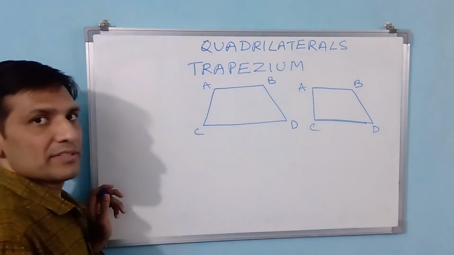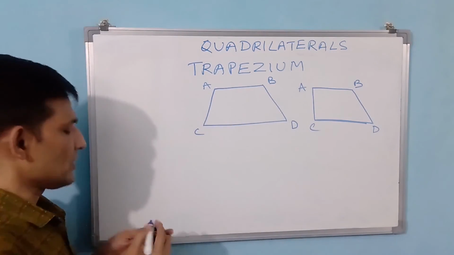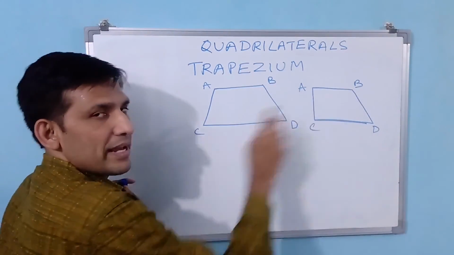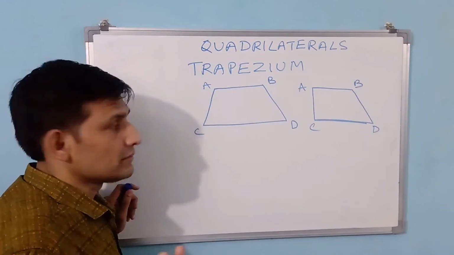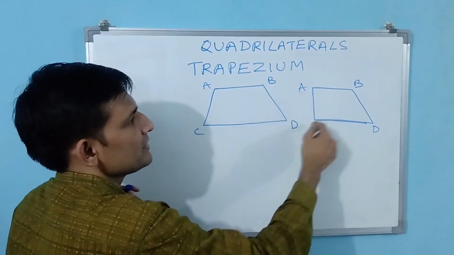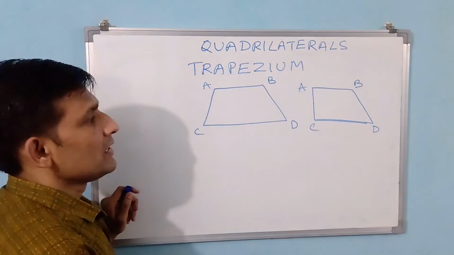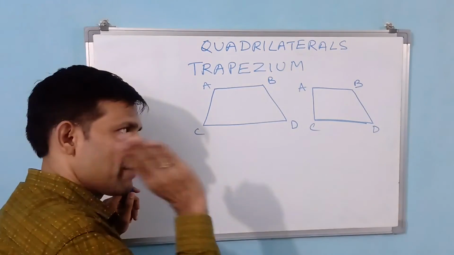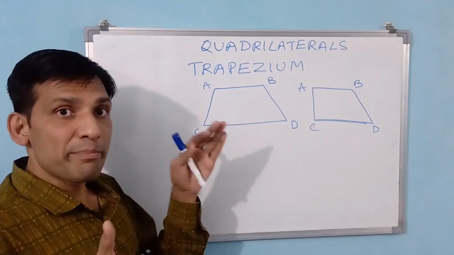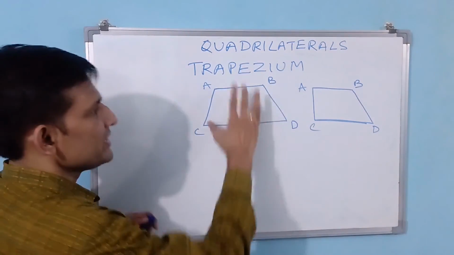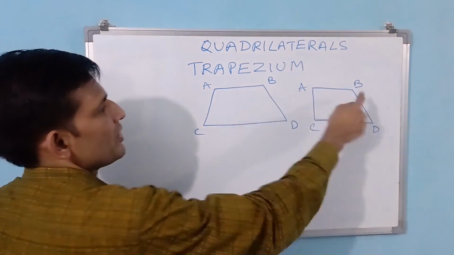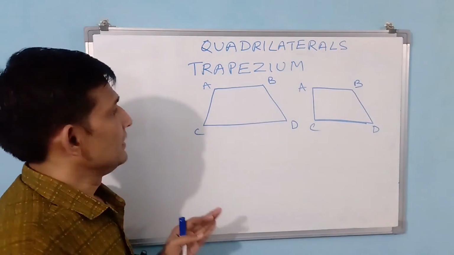This is also trapezium. Different types of trapeziums are there. The basic thing is at least two sides are parallel. Sides may not be equal: here AB is different, CD is different, AC is different, BD is different. But trapezium is a quadrilateral, and at least two sides will be parallel. That means AB and CD will be parallel.